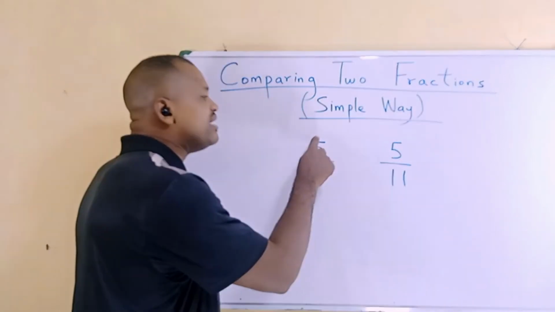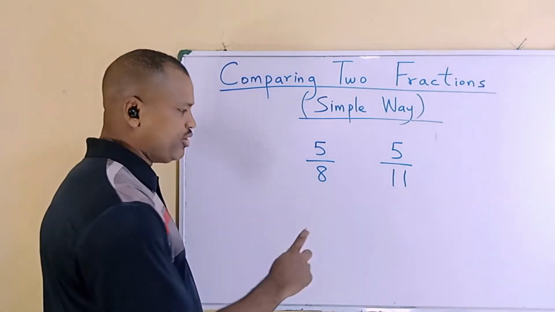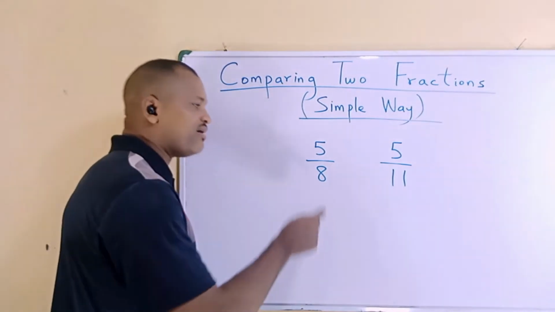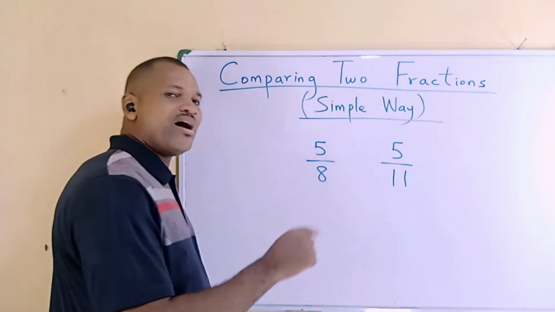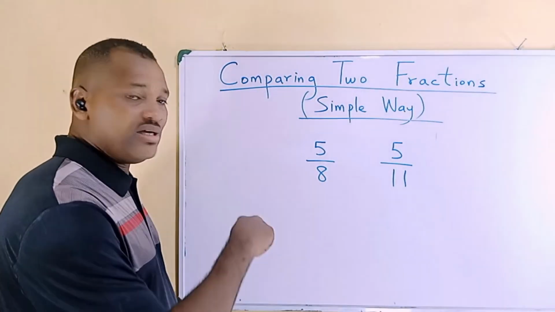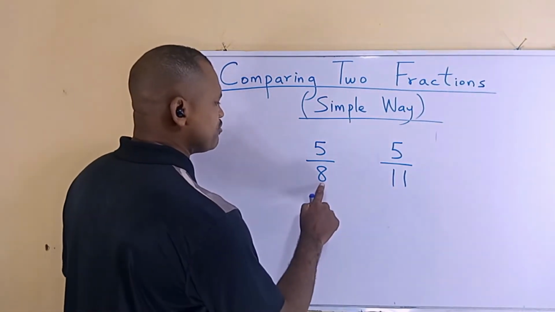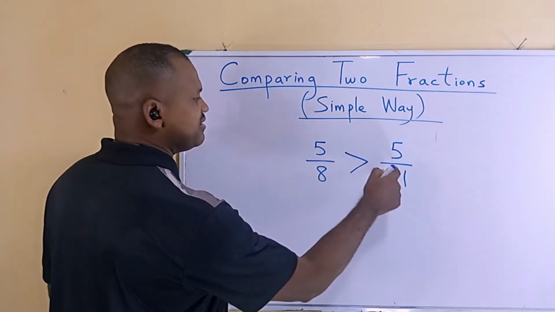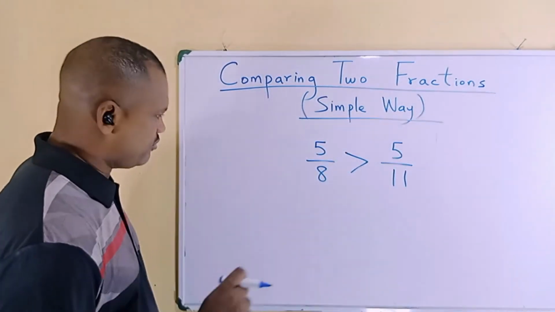Where they have the same numerator or top numbers, your eyes should be on the bottom numbers, and the fraction with the smaller denominator or bottom number is the bigger fraction. So it's like the opposite of the one we did earlier. So in this case, here is 8, here is 11, and because this 8 is smaller than 11, this fraction is bigger than this fraction, where they have the same top number.